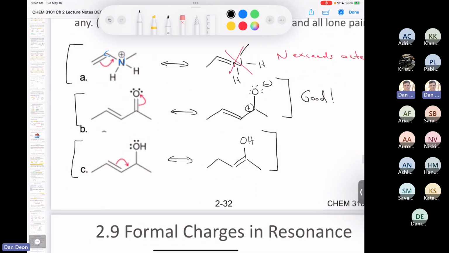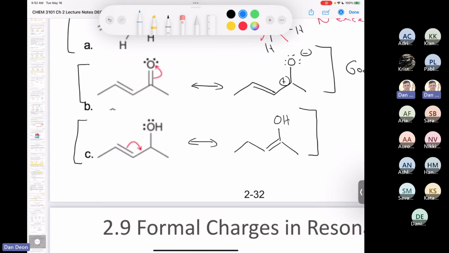So this is where you've got to be Johnny on the spot with your bond line structures. How many hydrogens are attached to this carbon in the blue circle? There's 1 hydrogen attached here. Did it go anywhere? Nope. And so it's still there, and so the carbon is exceeding an octet.